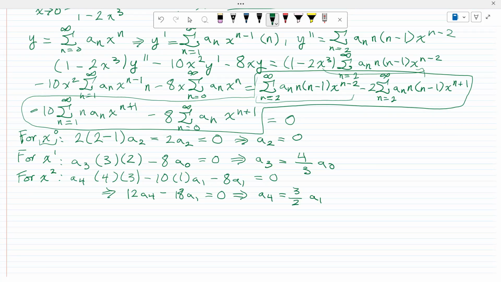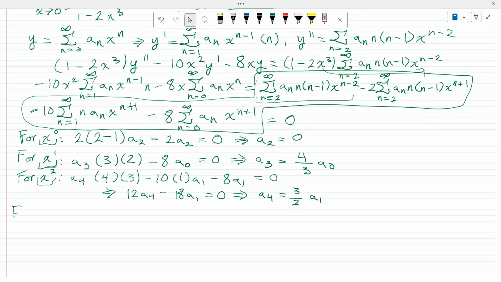Okay, cool. So now we can come up with a general relationship for every term that is greater than or equal to 2.